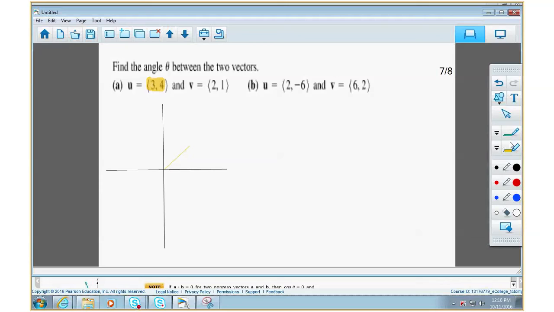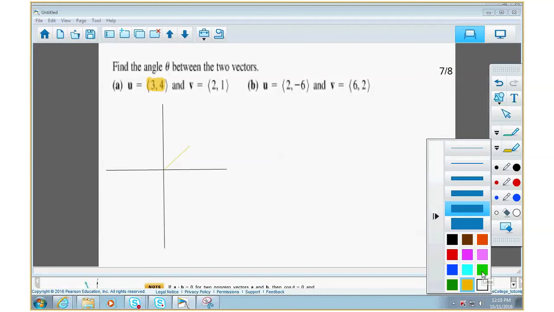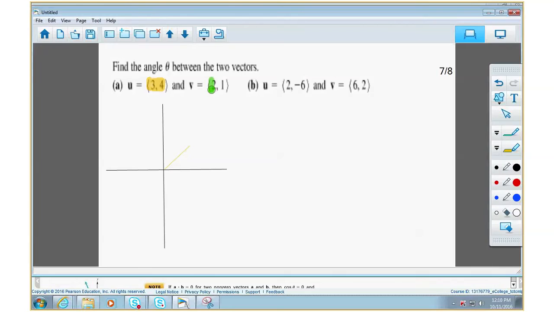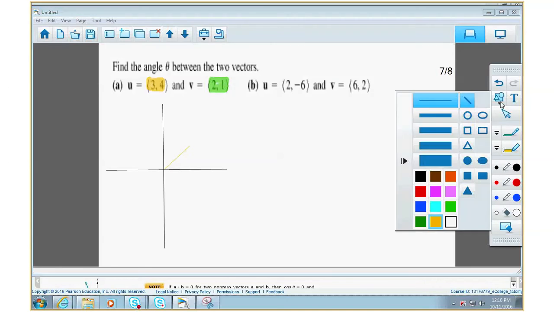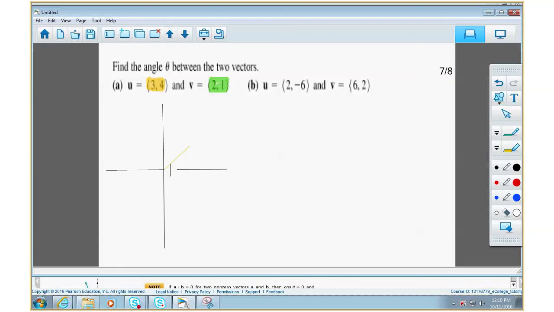And then you got another one at 2. Try to do this one in color you can see. 2, 1. One, 2, 1. They want to know the angle between those two vectors.